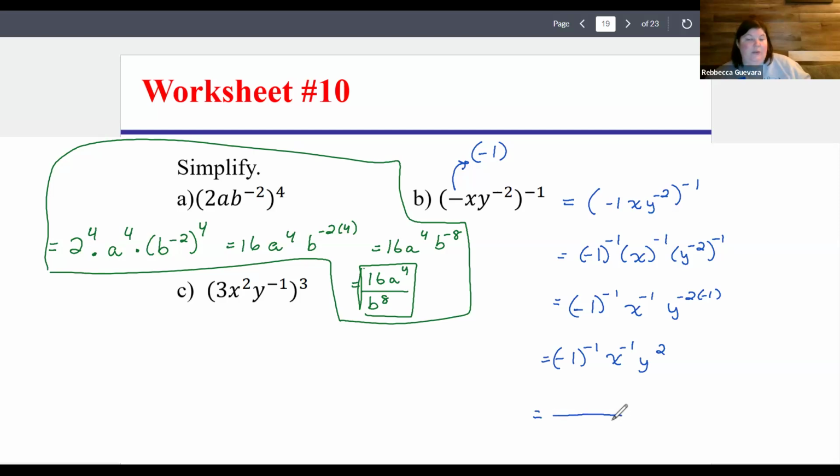So everything with a negative exponent, I'm bringing to the bottom. So we have -1 now to the power of +1, and we have x now to the power of -1. So -1 to the power 1 just stays -1. We're going to keep that negative, and then we're just going to have that x.